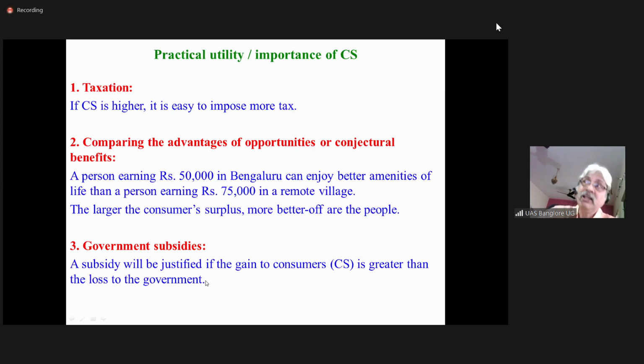When the government gives subsidy, it has to spend crores of rupees. So it is a loss to the government. If the consumer surplus is more than the loss to the government, then we say it is worth giving subsidy. Government subsidy is justified. I'll stop here.